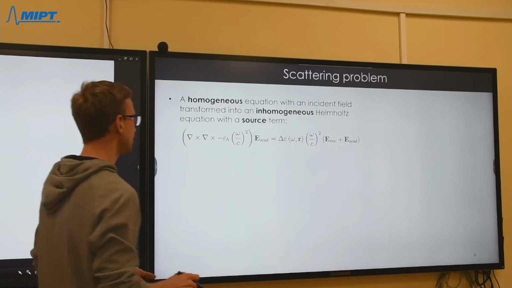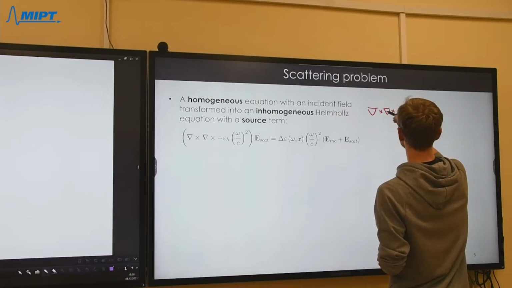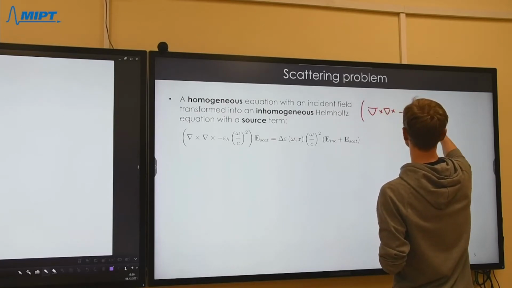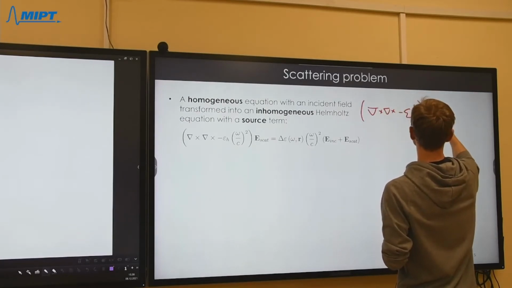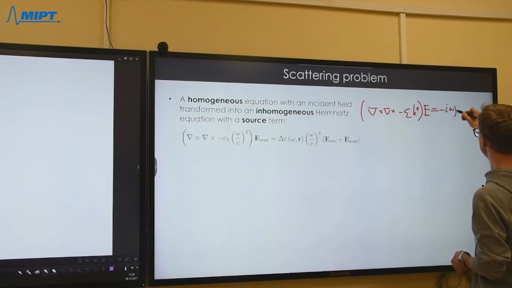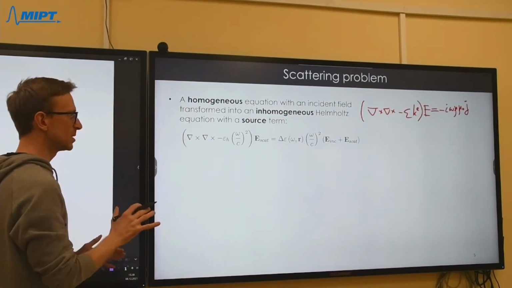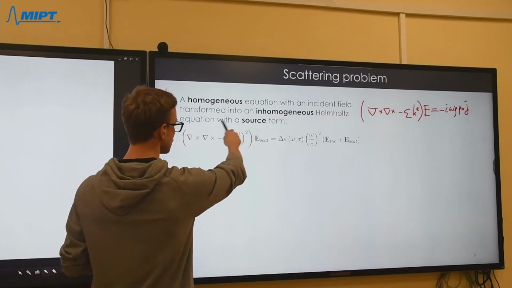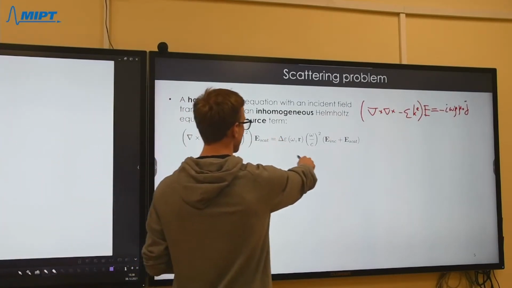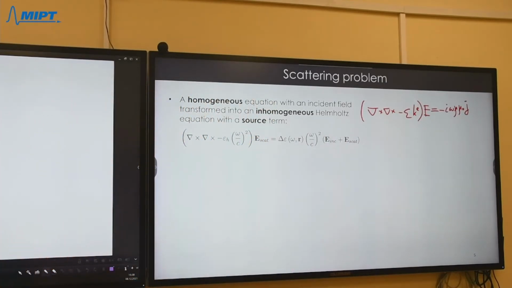Remember, the wave equation is written like curl, double curl, minus epsilon k squared E equals, I don't remember the signs and the factors, but something like minus i omega mu naught J, where J describes the electric current density. So with this manipulation, we managed to reduce this equation to something that has what looks like some effective current density on the right-hand side.